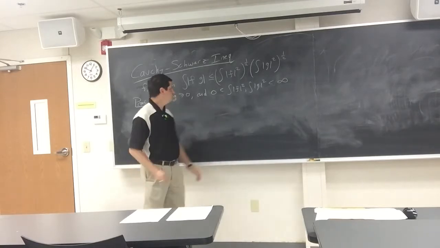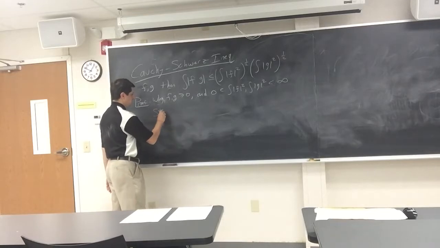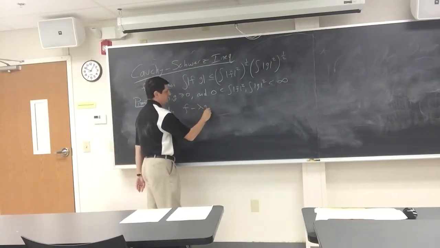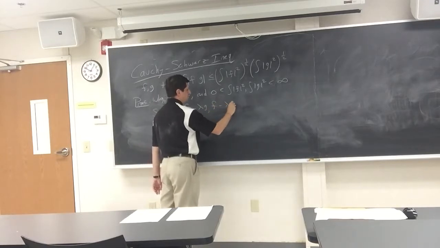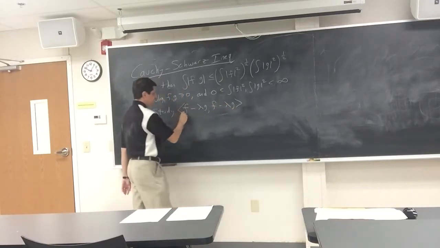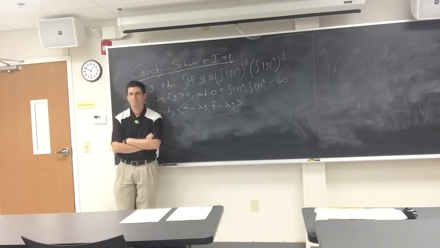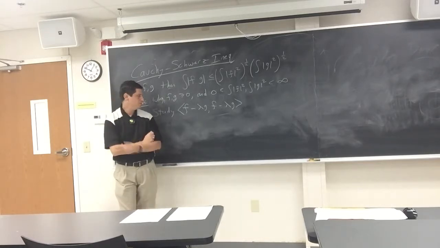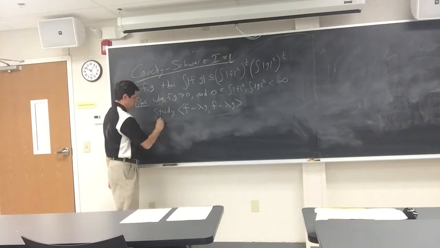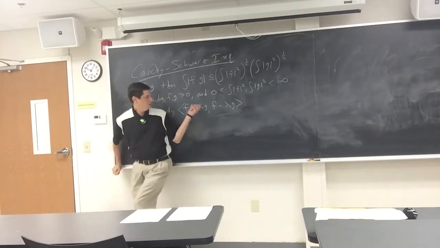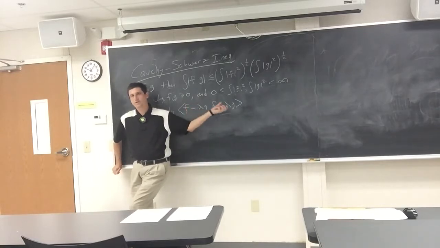Right? So what we're going to do is study the inner product of f minus lambda g with f minus lambda g. What can you tell me about this? And we'll assume lambda is real. So I have a real valued function, and I multiply by the complex conjugate of a real valued function.